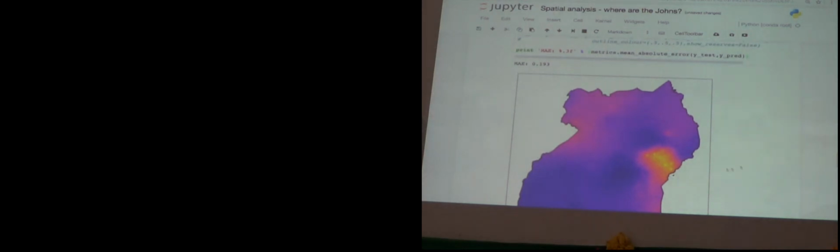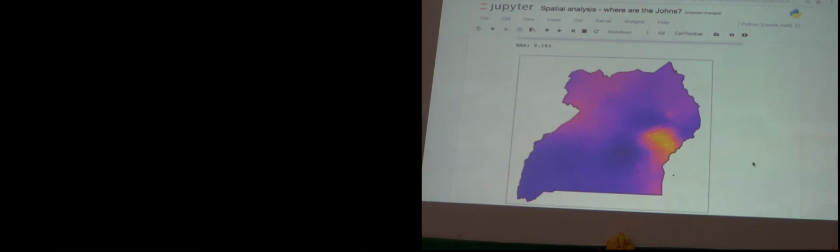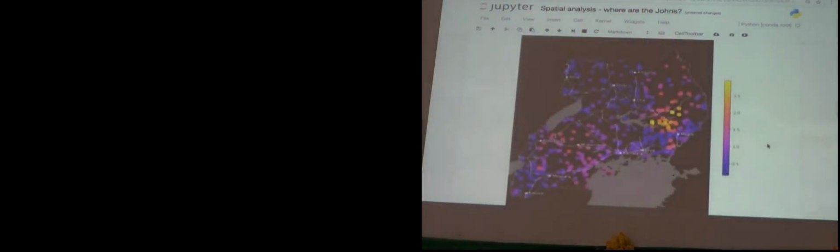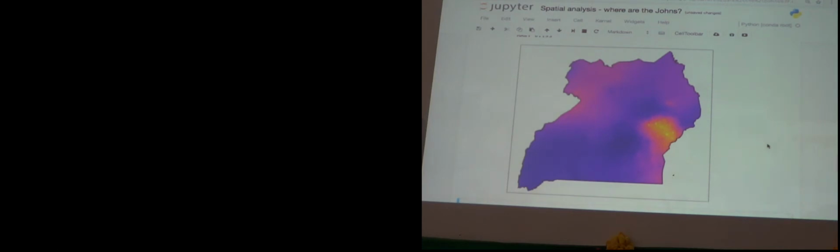That seemed pretty interesting, right? We're getting these hotspots near where we've got measurements and a pretty interesting looking map emerging. I think we're starting to get into some pretty serious models, which might actually be the kind of model we might consider releasing for practical use, if we really had a formal request to predict the density of Johns across Uganda. So from this data, we've gone to this type of model response across the whole place, which looks kind of credible.